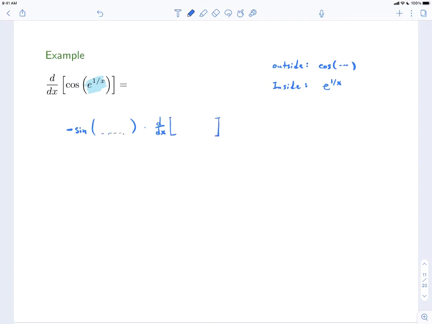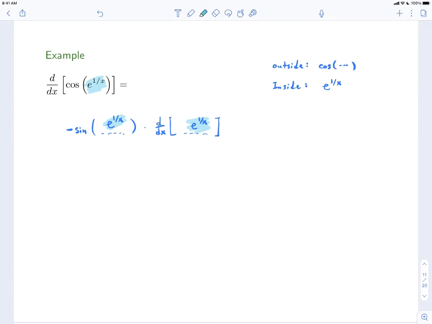So our outside function is cosine of something, and its derivative is the opposite of sine of that same thing. But then you have to multiply by the derivative of whatever was inside here. What was inside there? It was e to the 1 over x. So this is e to the 1 over x, and this is e to the 1 over x. The thing that was inside is still inside, and then we just have to multiply by the derivative of whatever's inside.